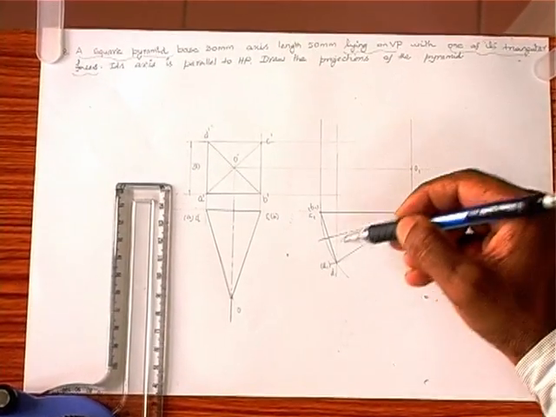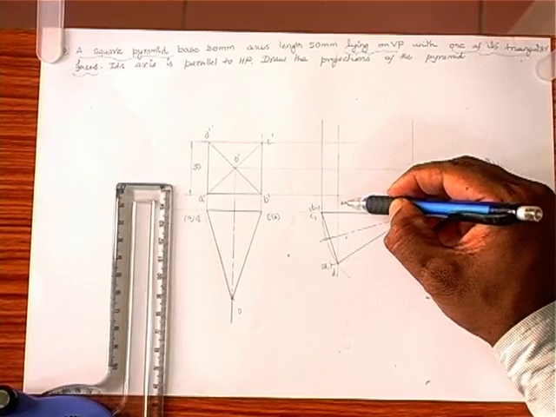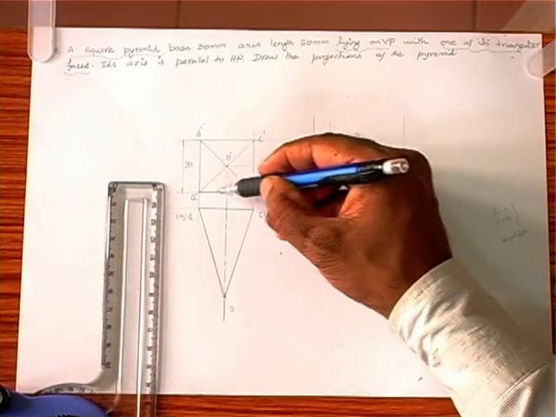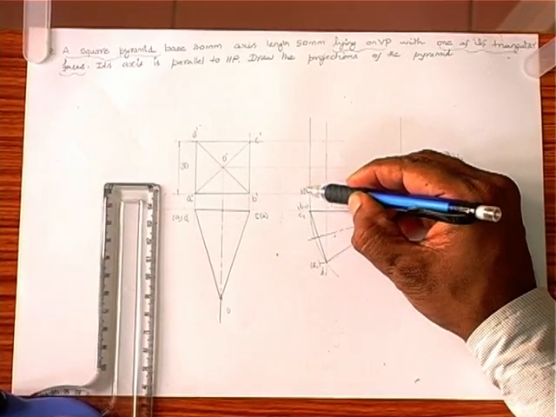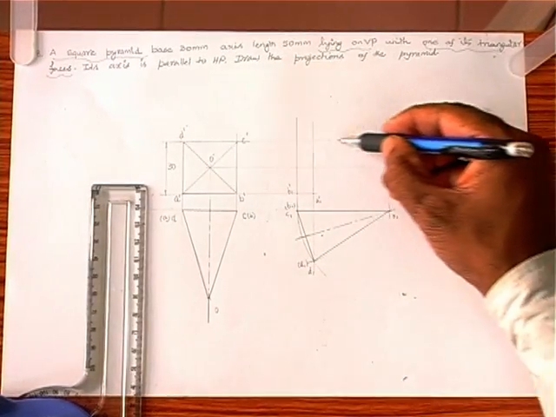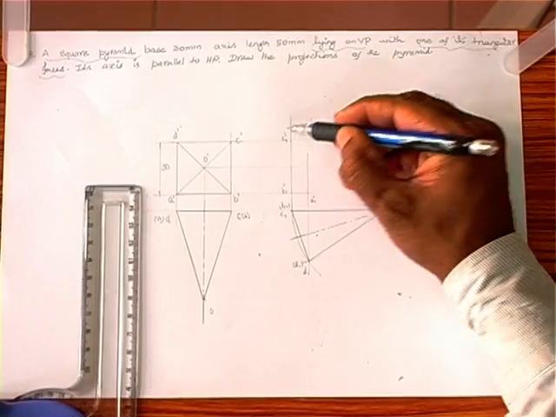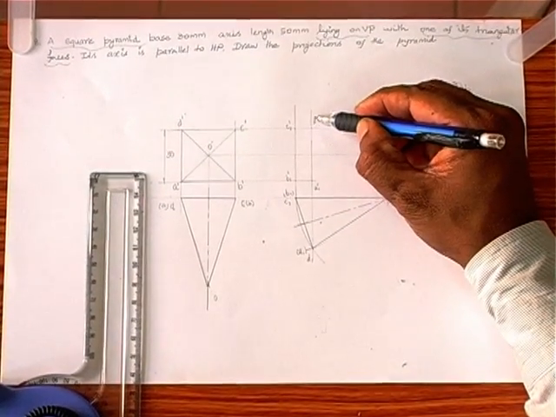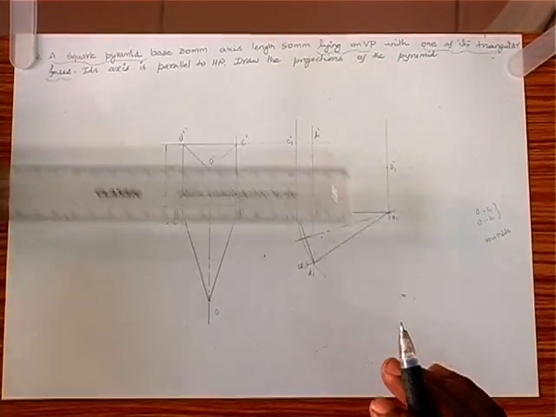A horizontal combined with A vertical gives A1 dash, B horizontal and B vertical gives B1 dash. Similarly, C horizontal and C vertical gives C1 dash, D vertical and D horizontal gives D1 dash. So finally we join all these points.